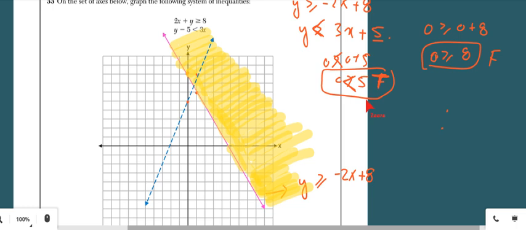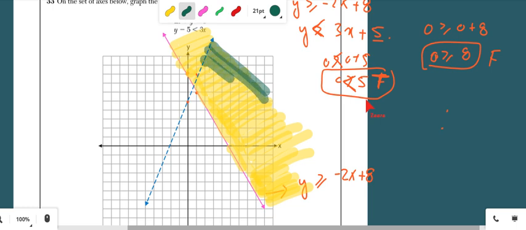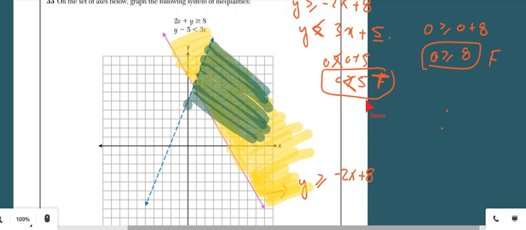The inequality sign here was lesser than and we took greater than. Okay, so we have to shade towards the origin. So this region, towards the test point. Because 0 is less than 5, because it is true. If it was false, then we did that as we were doing in the previous case.